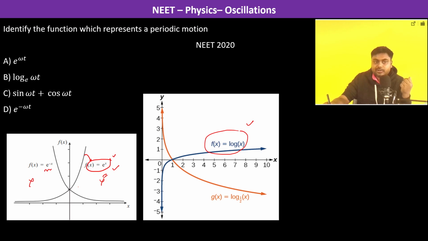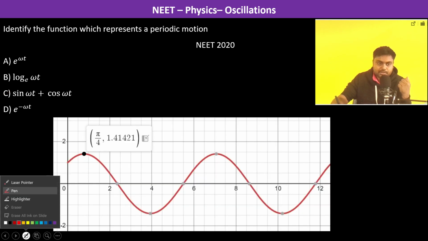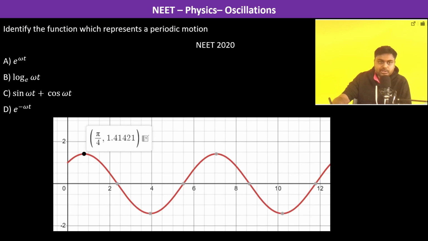Now the only option remaining is C. So C is going to be the correct answer, and this is the graph of sine omega t plus cos omega t. How we do it is we multiply it by root 2. So root 2 into sine omega t, and we divide it by root 2.